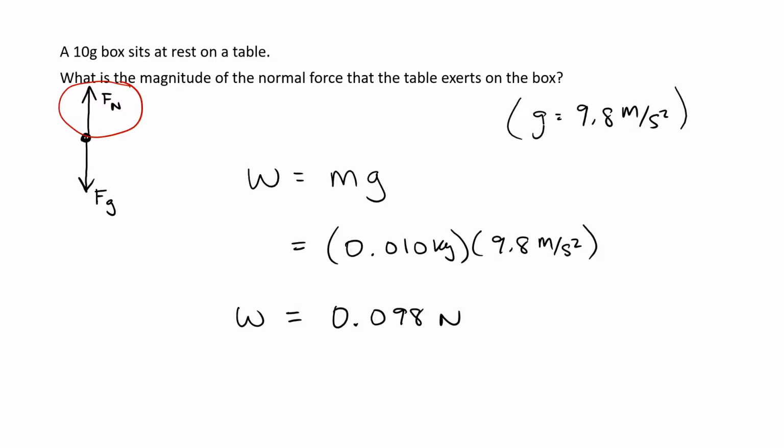So this is weight, it's downward. We can have a negative value, that's fine. Since we know it's not moving up or down, going too fast. So we found the force that it's exerting downward.